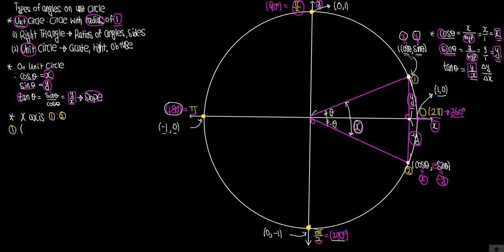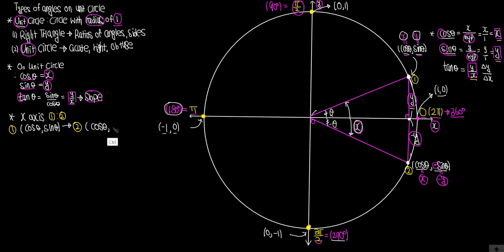Well, we can obviously see that it's cosine theta comma sine theta, where cosine theta is our positive x and sine theta is our positive y. Then it will be converted to the second point's coordinate, which is x-axis symmetrical with the first coordinate, and its coordinate is going to be cosine theta comma negative sine theta.